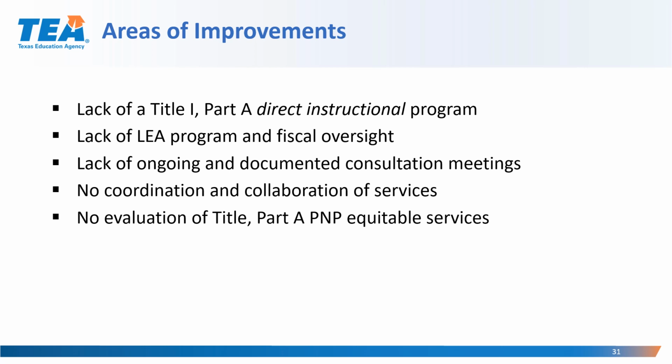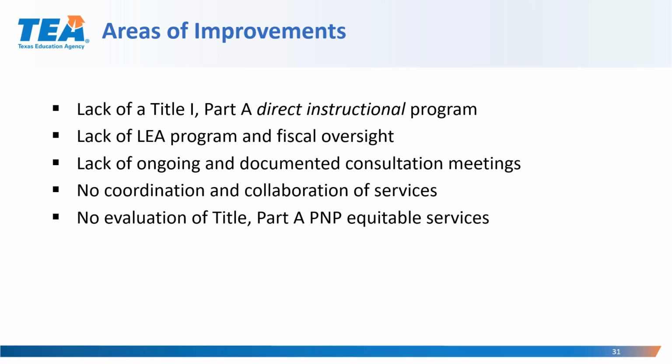There was also a lack of ongoing and documented consultation meetings during some of the random validation reviews. LEAs must keep documentation of their consultation meetings, and it must be ongoing throughout the school year. There should not be a beginning and an ending consultation meeting with the private schools.